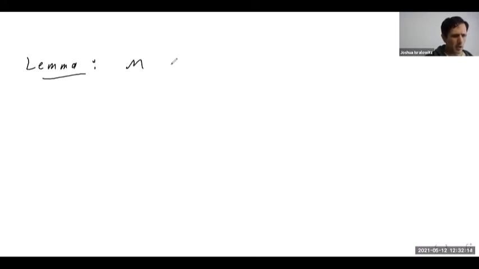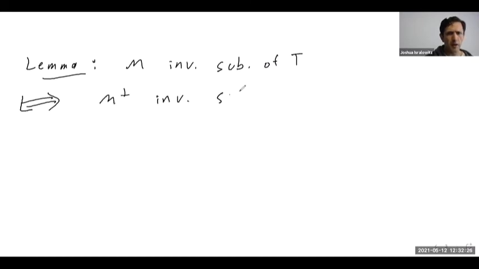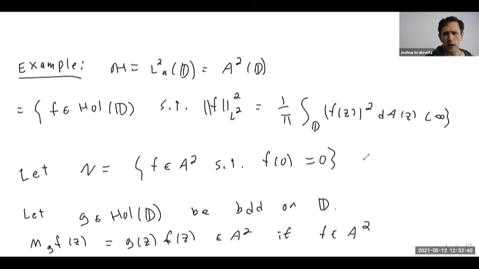M invariant subspace of T is equivalent to M perp invariant subspace of T star, if T is a bounded operator on a Hilbert space and M is a closed subspace. Certainly, you can check this is a closed subspace. It's an easy homework.